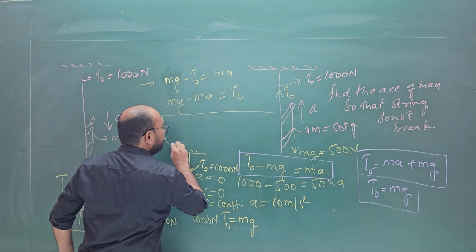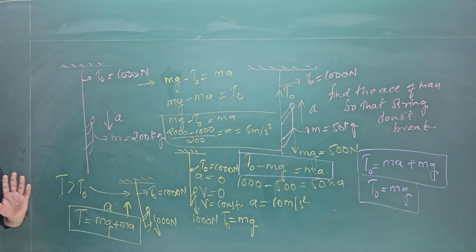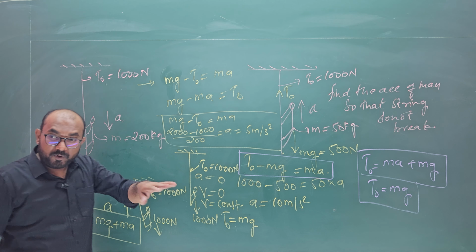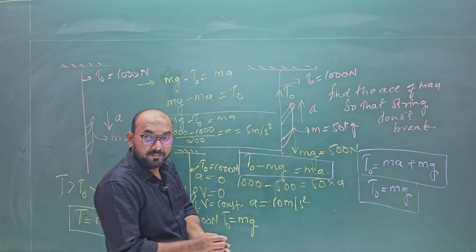So when a person has 200 kg mass, even with a breaking strength of 1000 Newton, he can accelerate in the downward direction with positive acceleration. That means in the downward direction, the string never breaks. I got my point. So write down one point.